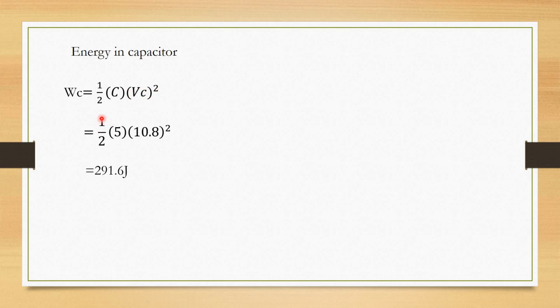After replacing the values, we got 1 over 2 times 5 times 10.8, which I already got from the earlier slide, to the power of 2. After we calculate this equation, we get 291.6 joule.